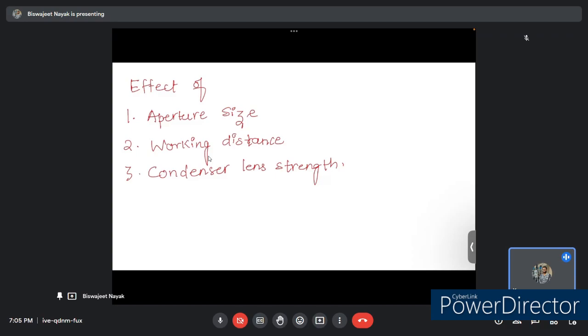So in order to get this probe size, we need to manipulate this probe current, and that can be done by this simple relation, where the probe current is related to probe size by this formula.